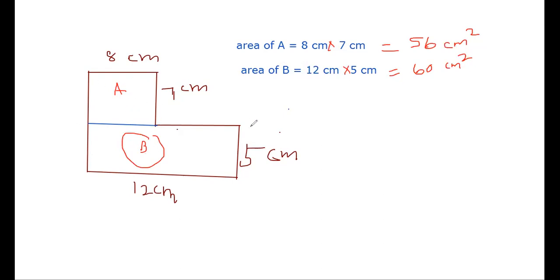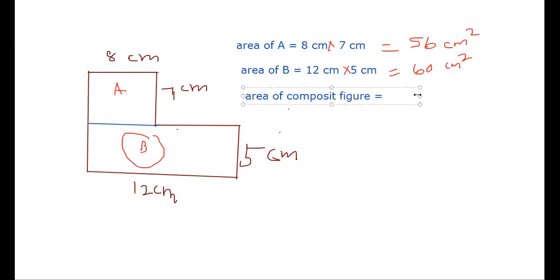That's the compound figure, no? So I can write the answer: area of composite figure. What's the meaning of composite figure? This whole figure can be made by adding these two parts.